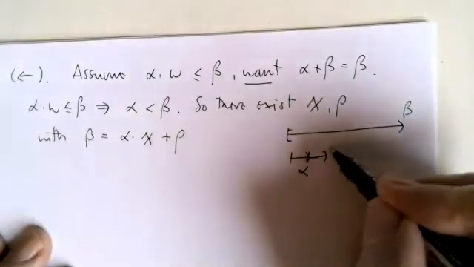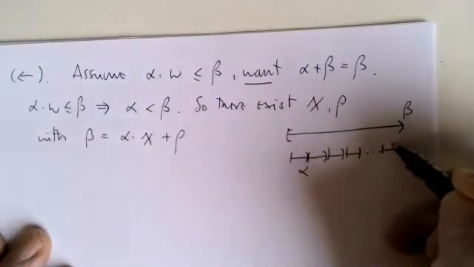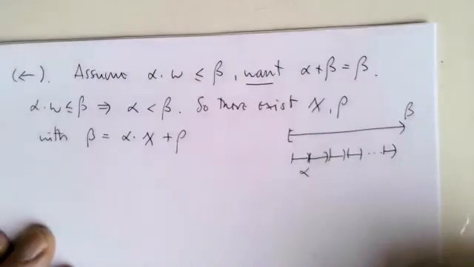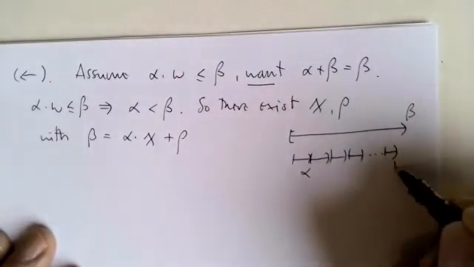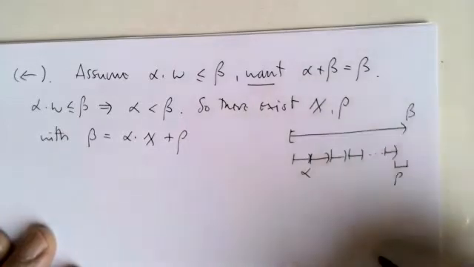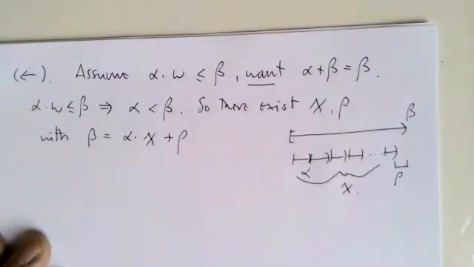So chi lots of alpha like this will take me up to here, and perhaps the next multiple of alpha would take me too far. So there's just a remainder rho here. So that's the picture.